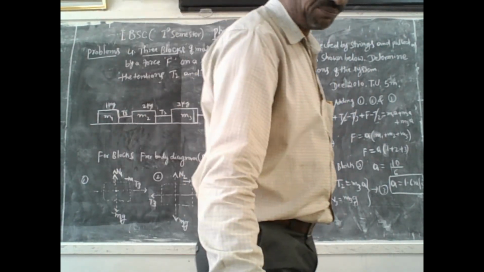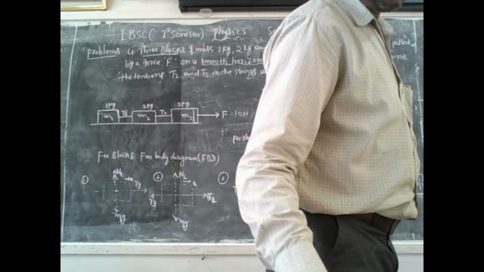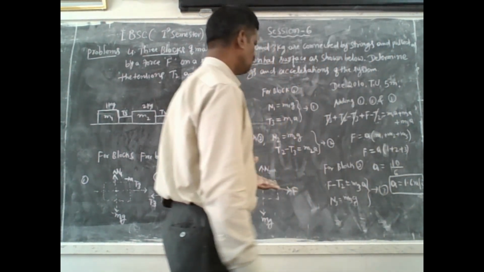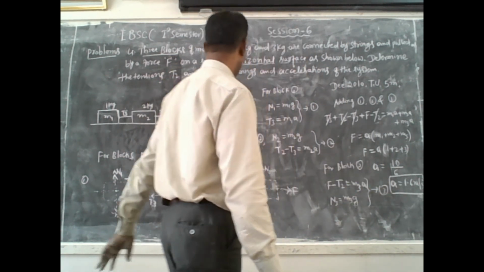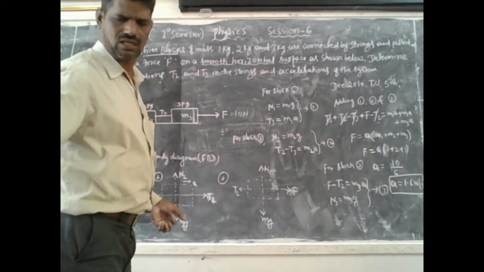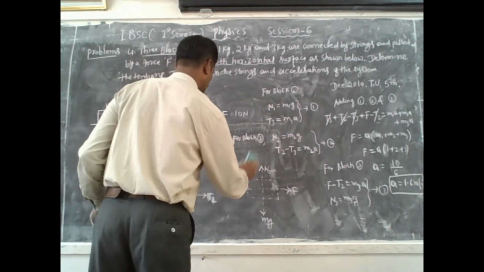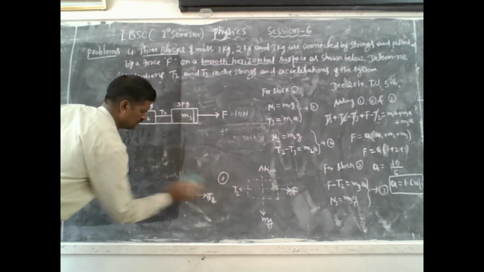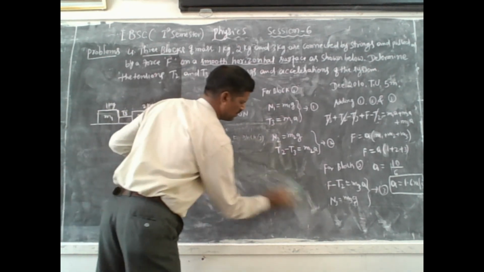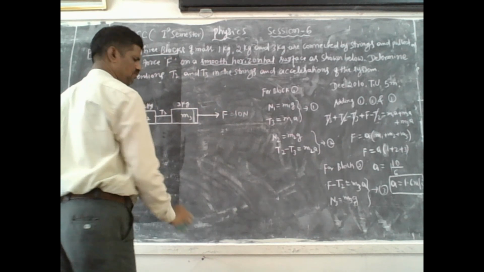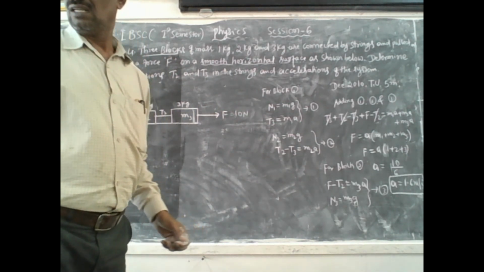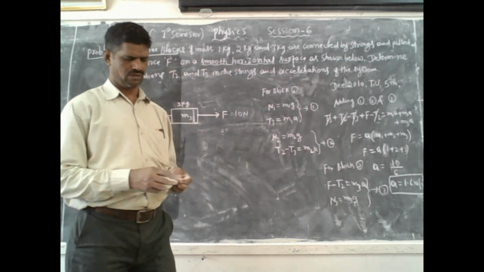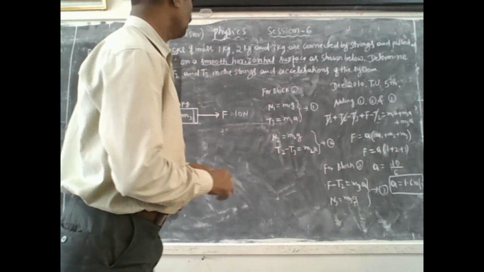So now we are going to find the tensions in the strings. A is equal to this much, okay. If you find any mistakes in this kind of problems, you can bring them to my notice.